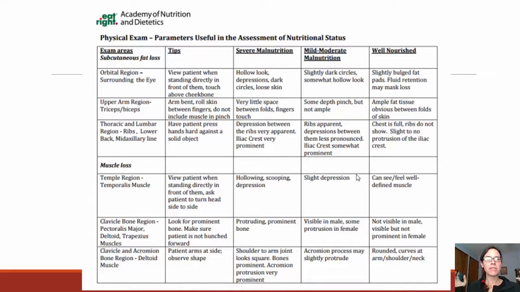And there's specific points where the dietitian is supposed to assess both visually and perhaps through touch physically in order to assess subcutaneous fat loss and muscle loss. So here, I'll let you read through these yourself, but for instance, we would have for subcutaneous loss, the orbital region surrounding the eye, and we have different classifications of malnutrition according to what they look like. And all of these different pieces kind of go together to make a whole picture so that we can assess malnutrition.